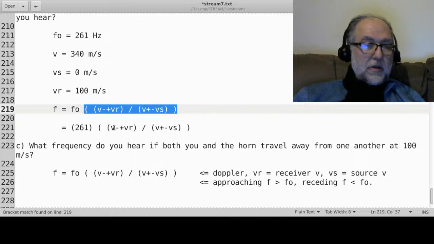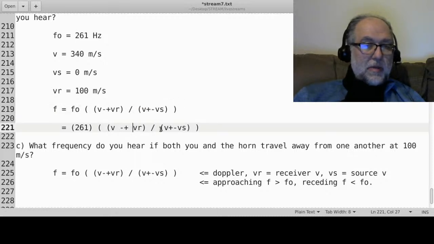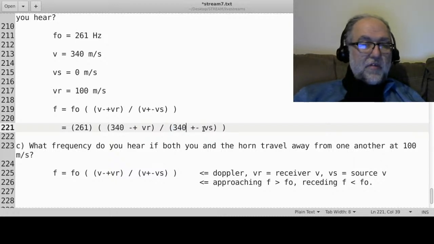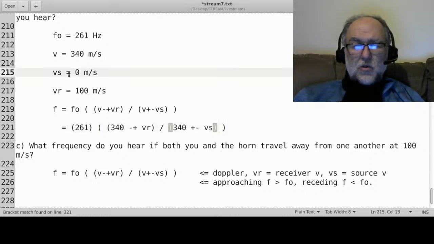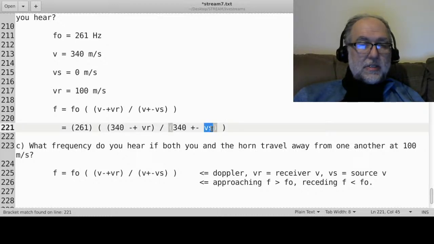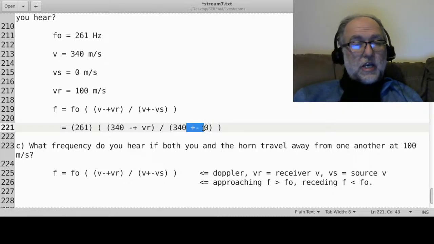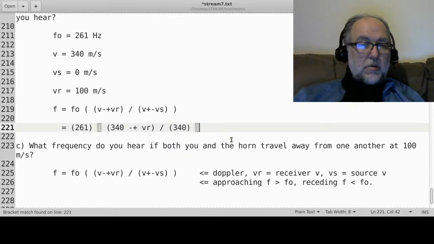For the v's, we have 340 and 340. And for VS, the source isn't moving this time, so VS is 0. We don't have to worry about the plus or minus 0, because if you add 0 or subtract 0, it doesn't change anything.